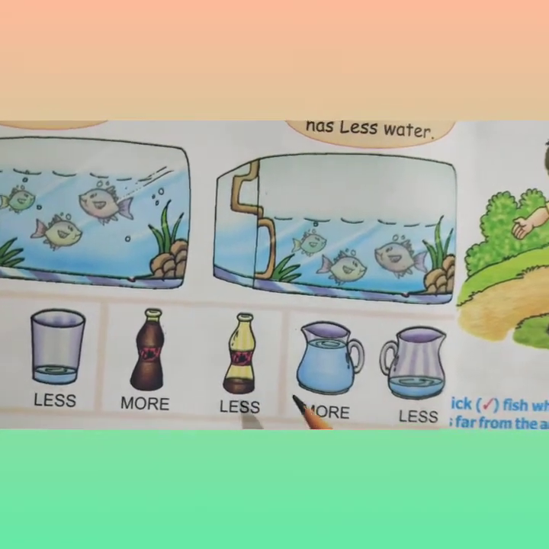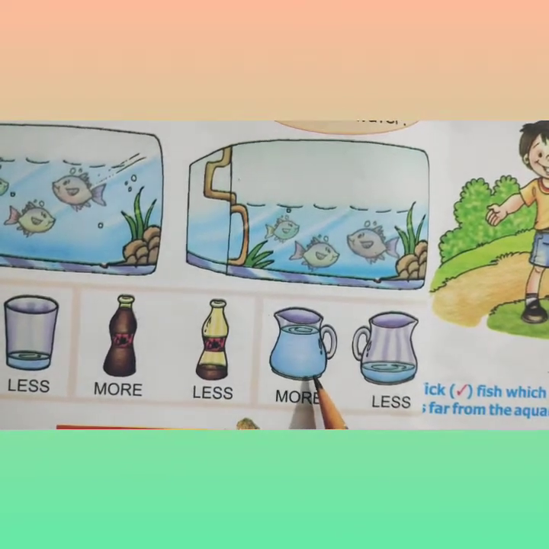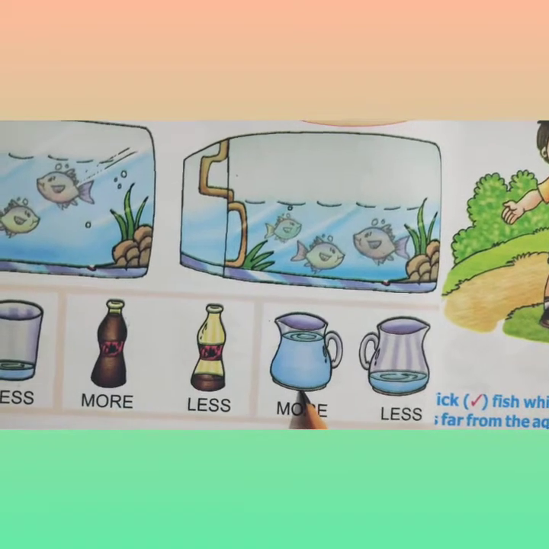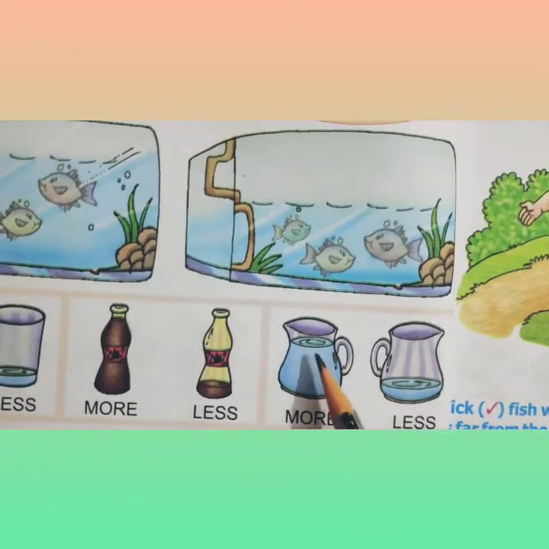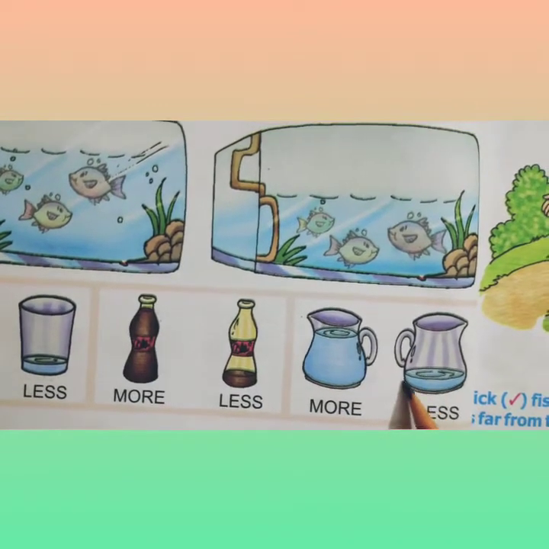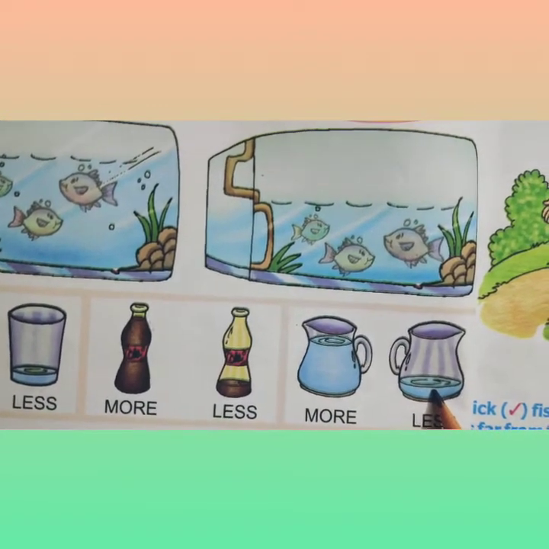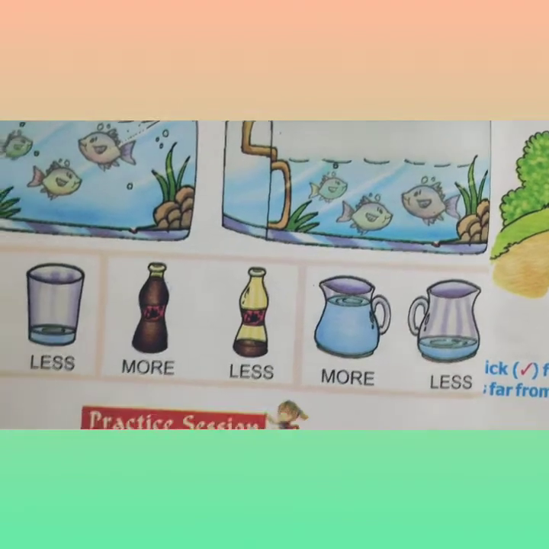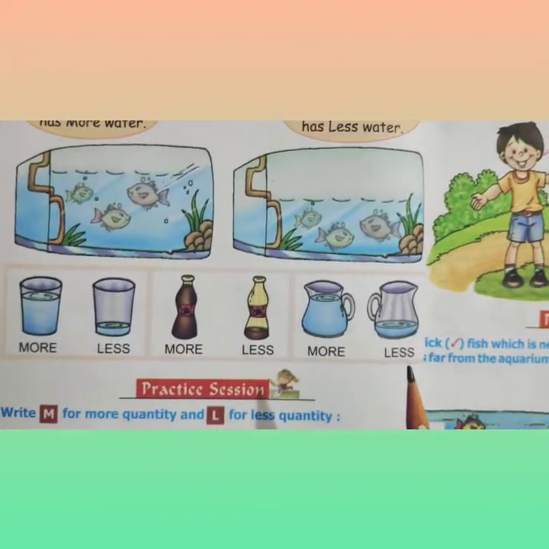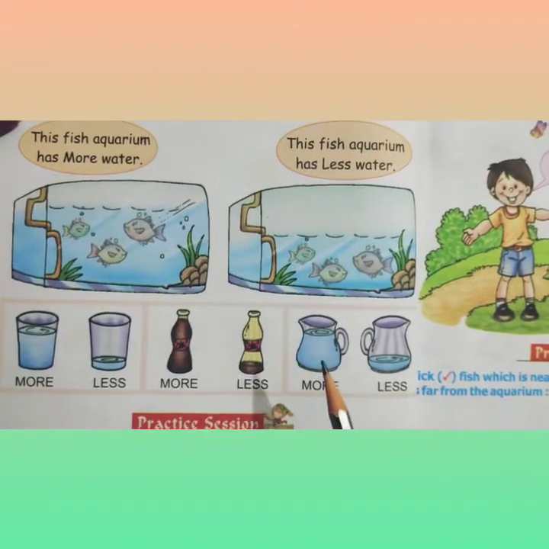Okay, and in the last picture, in the third picture, there are two jugs given. The first jug is filled with more water and the second jug is filled with less quantity of water. Okay, so you can judge by seeing only. You can't count the quantity.